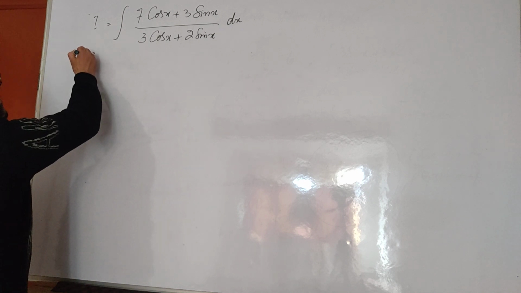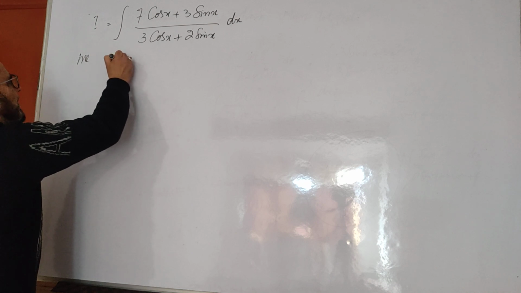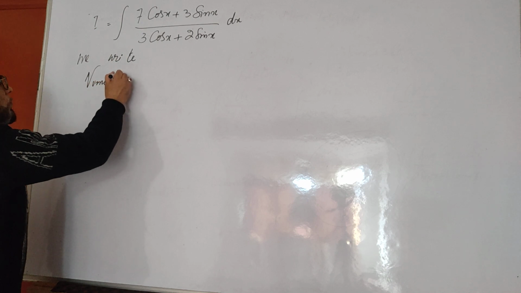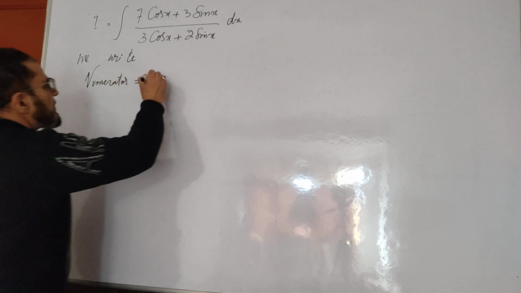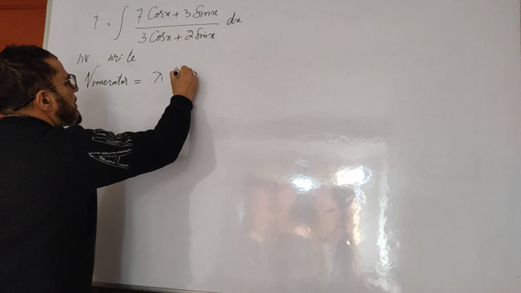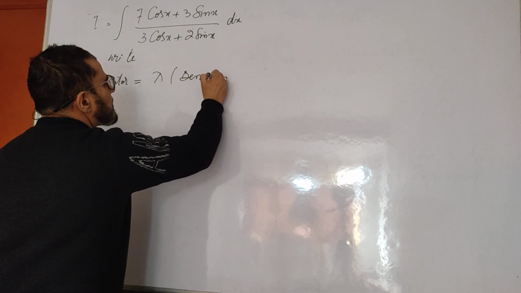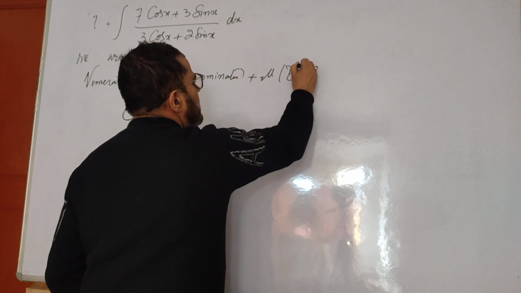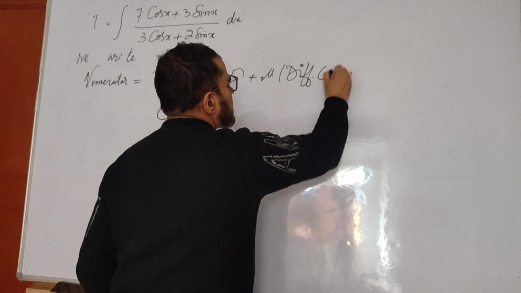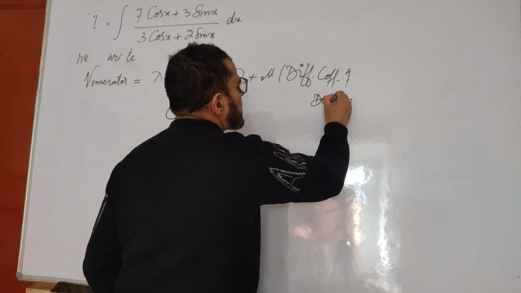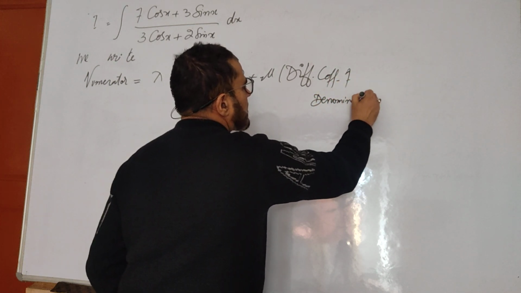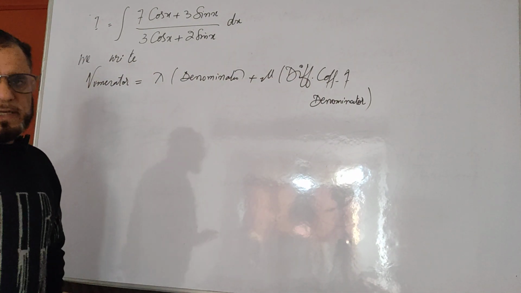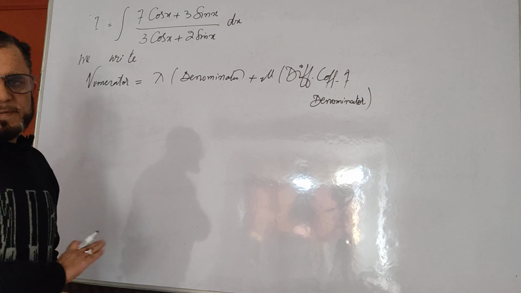So we write here, let us express the numerator as lambda times the denominator plus mu times the differential coefficient of the denominator. Then you find lambda and mu in such a way that the left side becomes the right side.